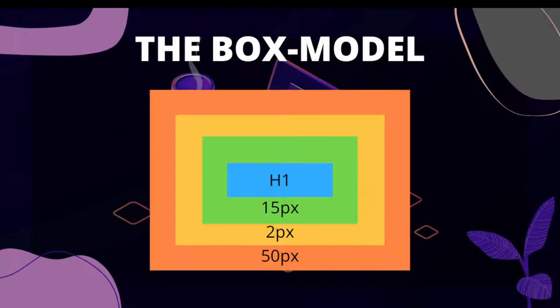Since the padding is to give it more space within the content and to give it more space around the content, right? And the border is just like a line, border line. Let me just say the H1, the size of the H1, the height of the H1 is the height.